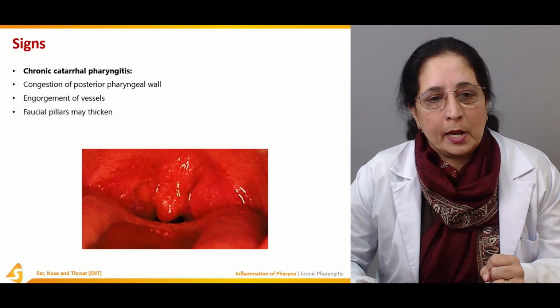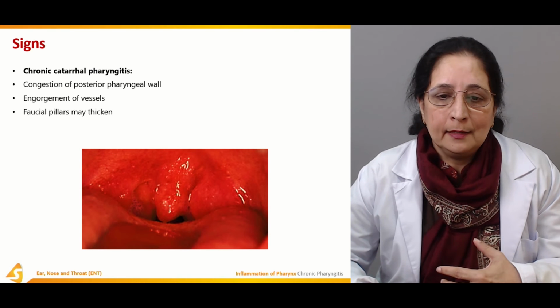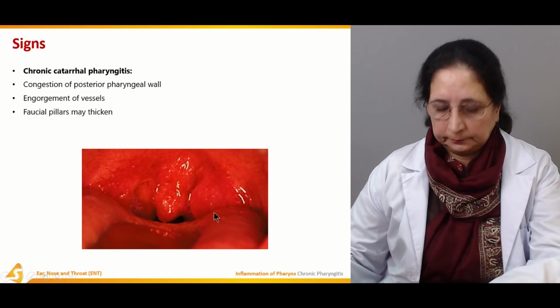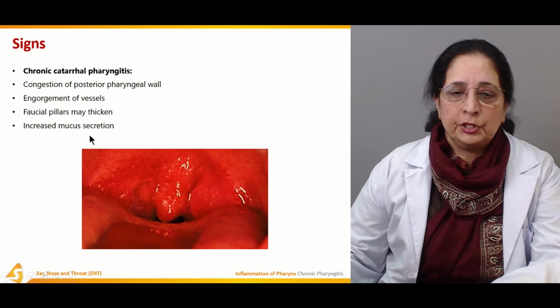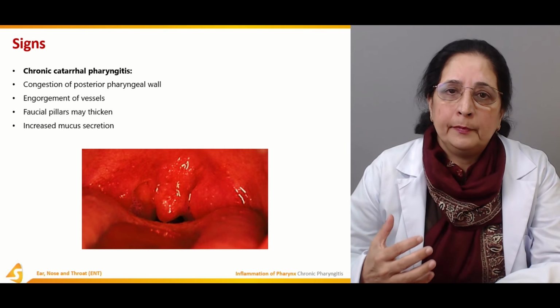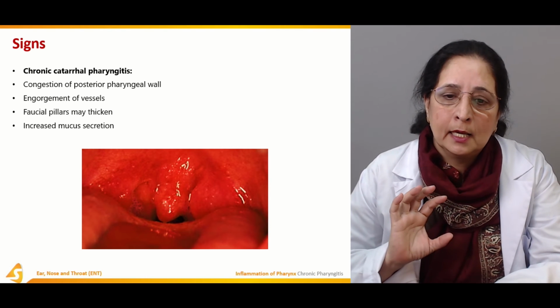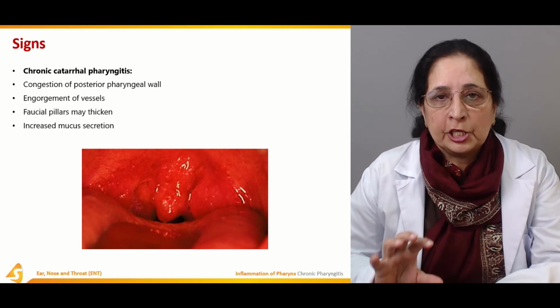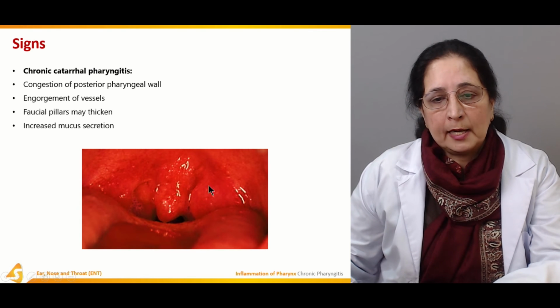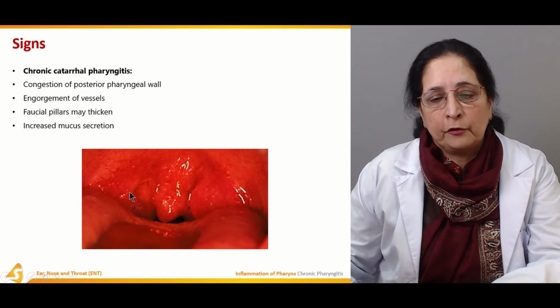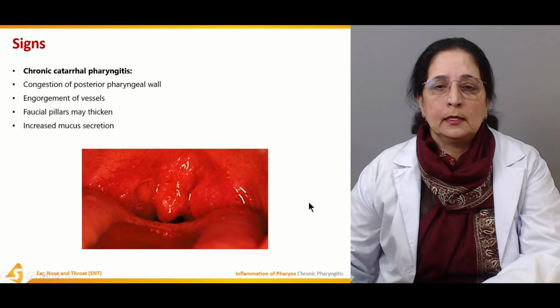There is engorgement of blood vessels, the faucial pillars may be thickened, and there is increased mucus secretion. So in the catarrhal type of pharyngitis, there is congestion of the posterior pharyngeal wall, engorgement of the vessels, and thickening of the faucial pillars. All these are present.